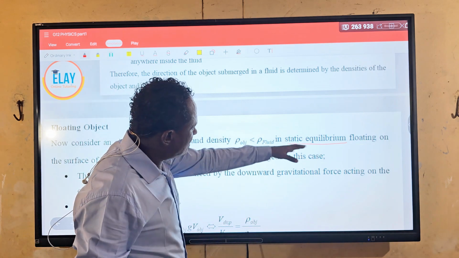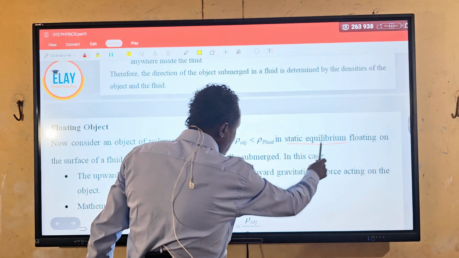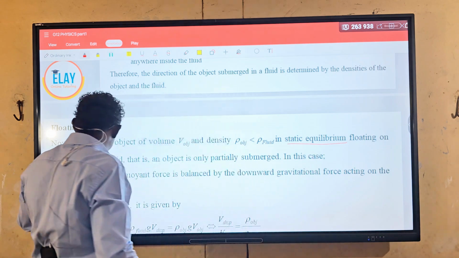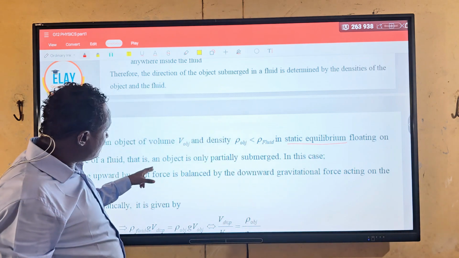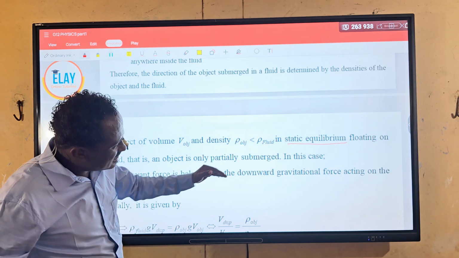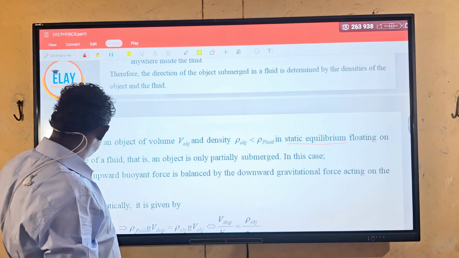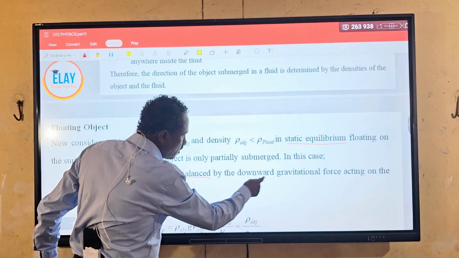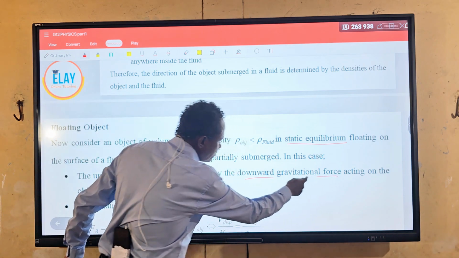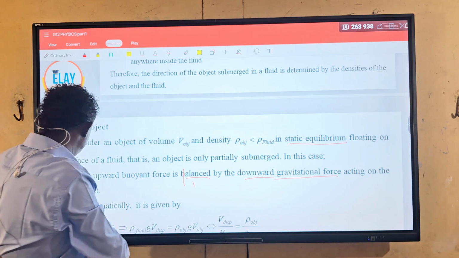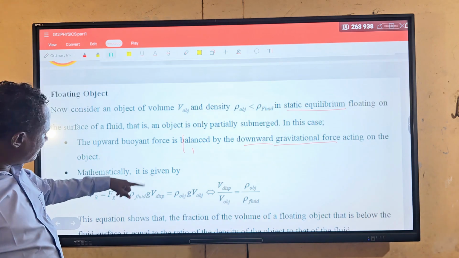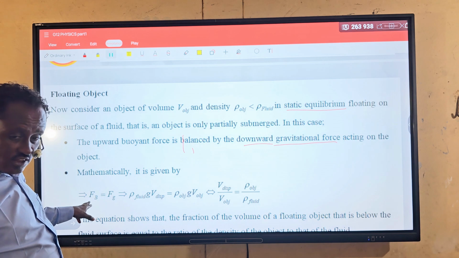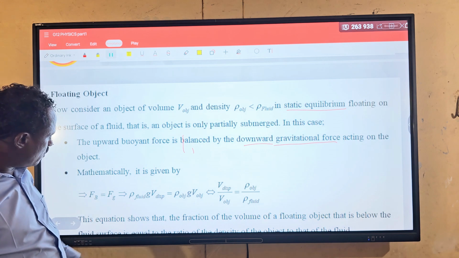Now an object is in static equilibrium floating on the surface of a fluid. That is, the object is only partially submerged. In this case, the upward buoyant force is balanced by the downward gravitational force acting on the object. Mathematically, the buoyant force is equal to the weight of the object.